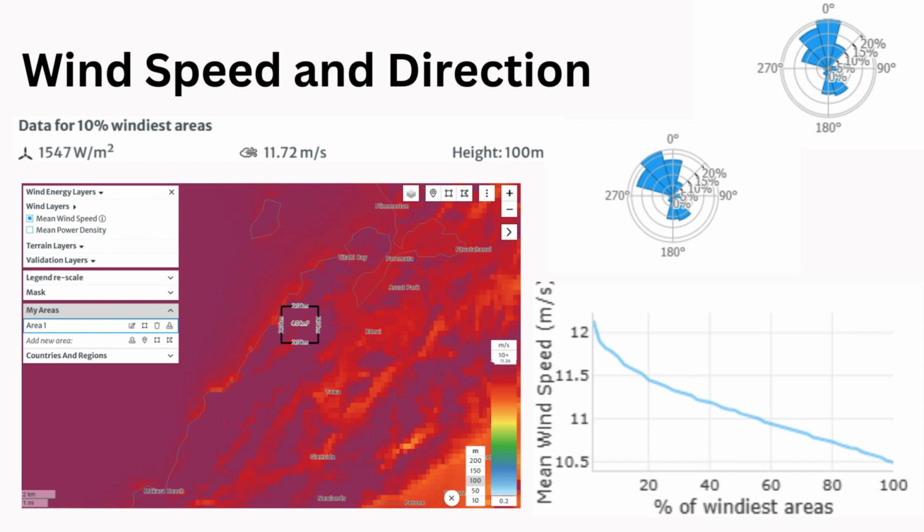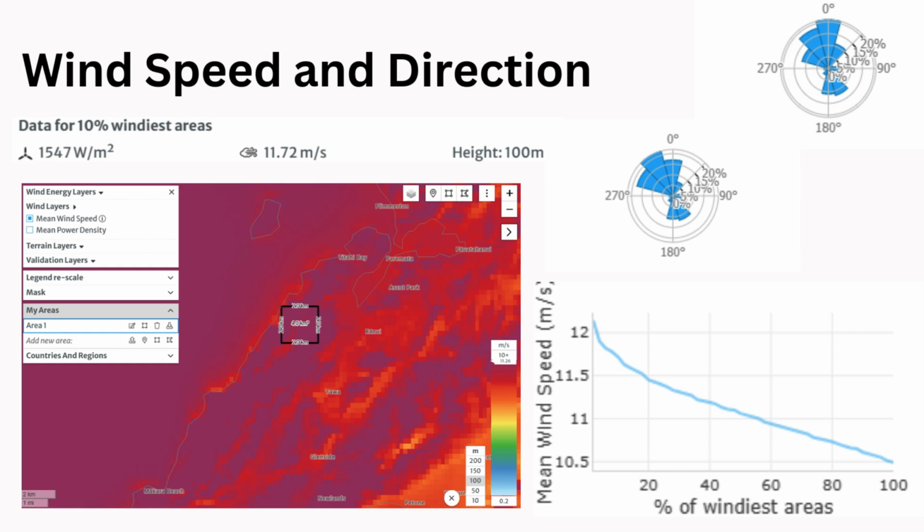Now, coming to the conditions for the wind power plant. First, we talk about the important conditions, the wind speed and the wind direction. And you see it in the graph at the bottom right. The wind speed varies between 10.5 meters per second and 12 meters per second. And you see in the left picture, it's a lot of purple and red color, so it's very good there.